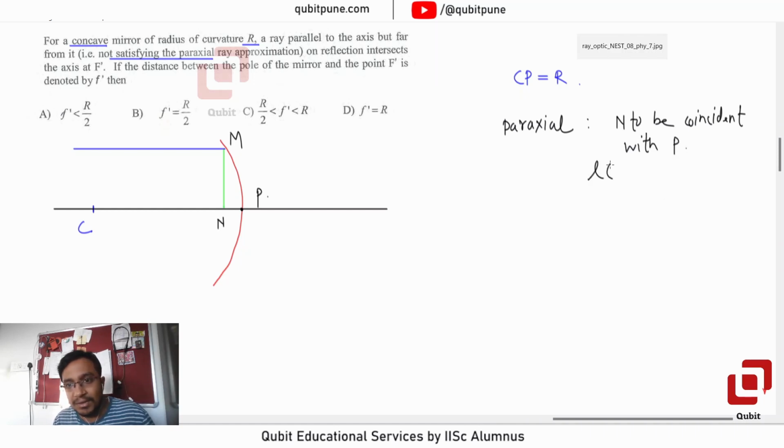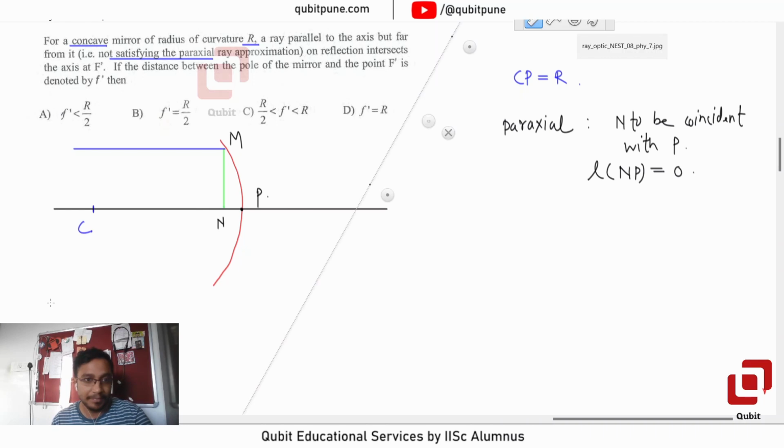So we consider length np to be 0, but that is not true. Only when the rays are very close can we use that approximation with reasonable accuracy. But if they are saying that it is not valid, that means the gap np is significant and we cannot ignore it. That's the meaning of this problem.